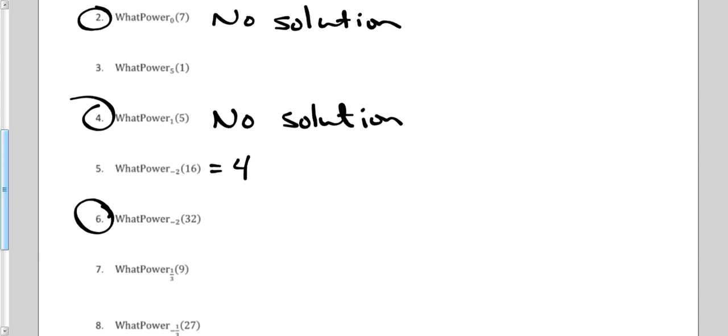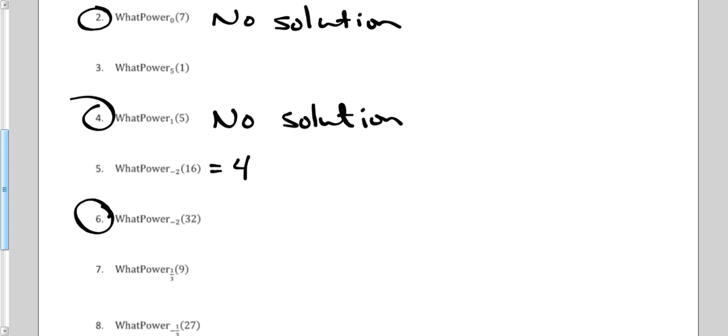Let's use the same strategy here, shall we? -2 to the first power is -2. To the second power, Ethan? 4. Good, good. To the third power, Jesse. -8. Good. To the fourth power, Trey.